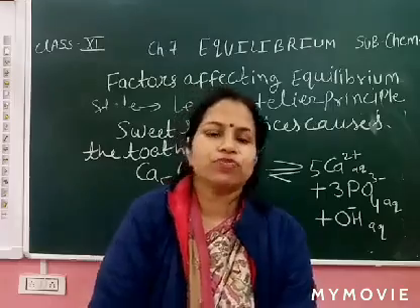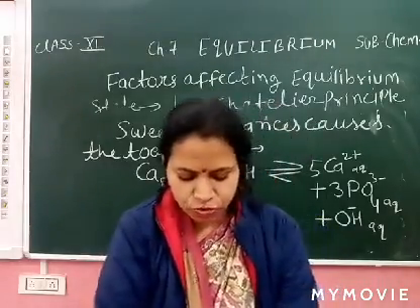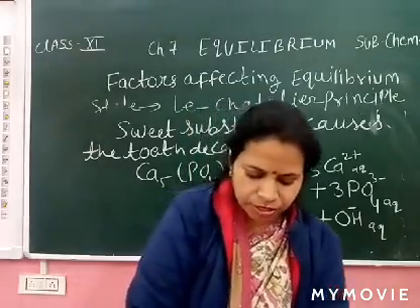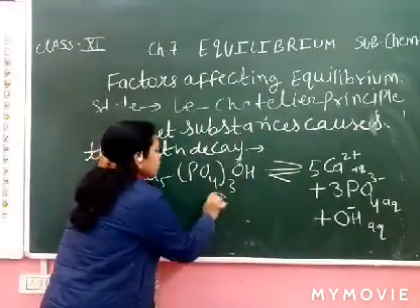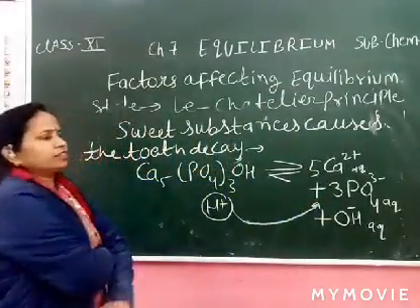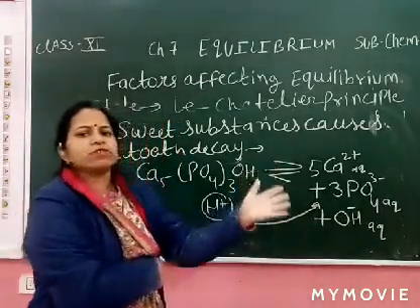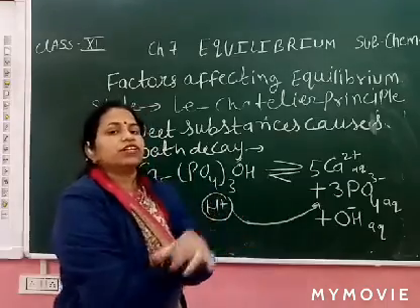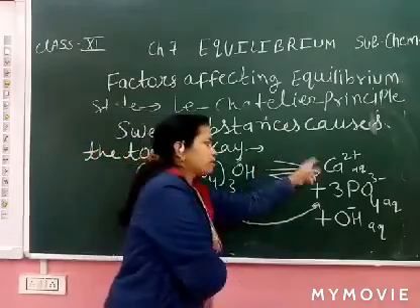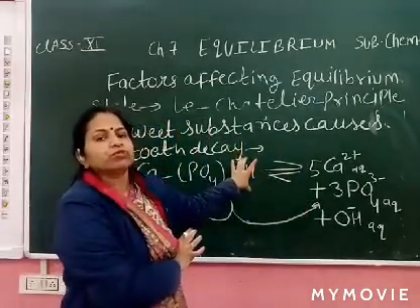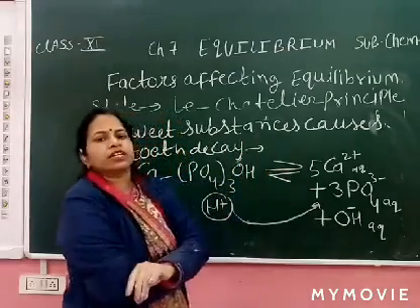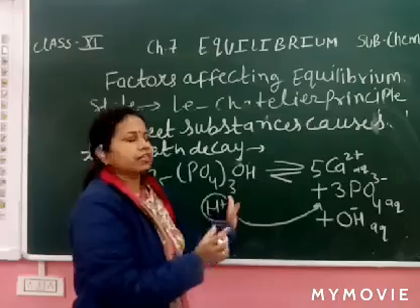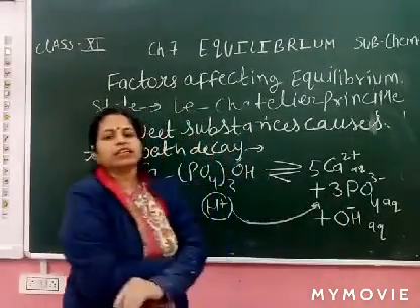This H plus ion disturbs the equilibrium and reacts with OH minus ion. The product is removed simultaneously. If this equilibrium is disturbed, then tooth decay occurs. So when we eat sugar substances, they ferment and give H plus ion, and this H plus ion reacts with OH minus ion and H2O is formed.